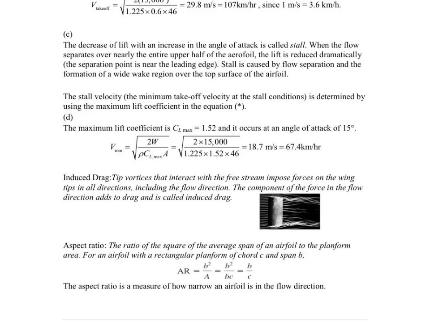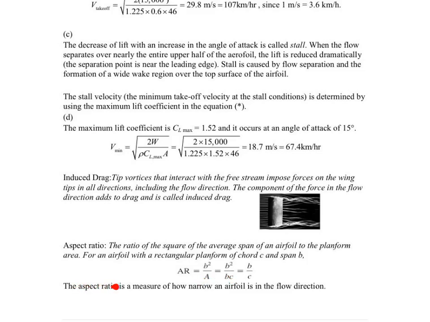Remember, for an aerofoil, the planform area is the wingspan multiplied by the chord length. So for an aerofoil with a rectangular planform, chord C and span B, the aspect ratio is the square of B over A, which makes it B over C, where the planform area is B times C.